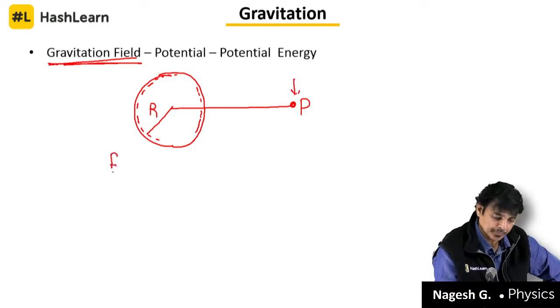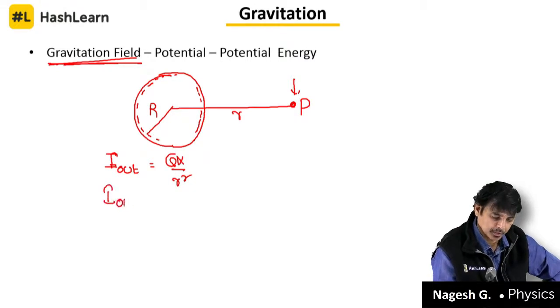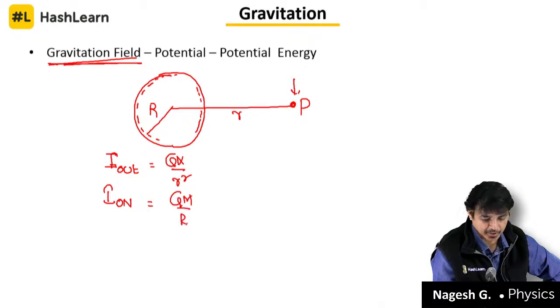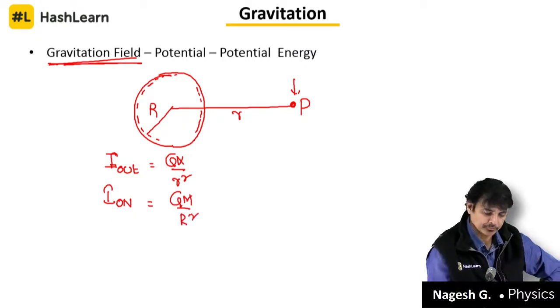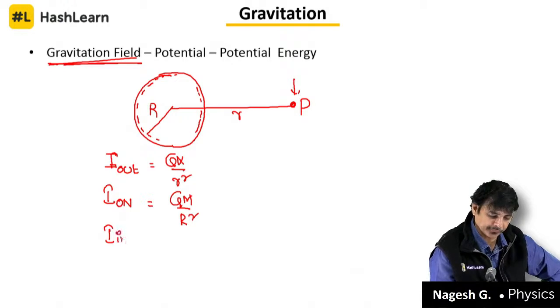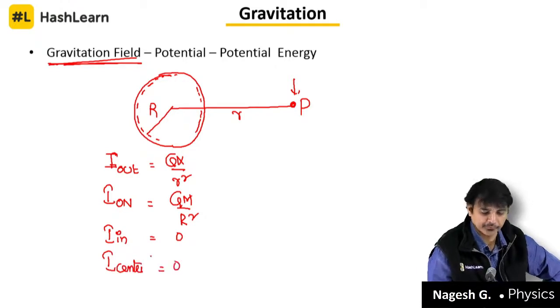Again, outside, I out is equal to GM by r square, where this distance is equal to r. I on the surface is GM by capital R square. Inside there is no matter, so the field will be equal to 0, and I at the center is also equal to 0.